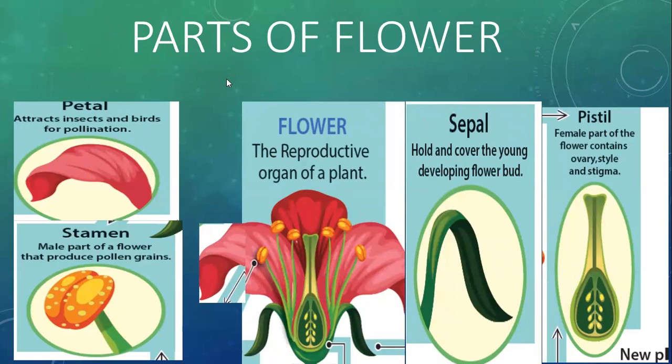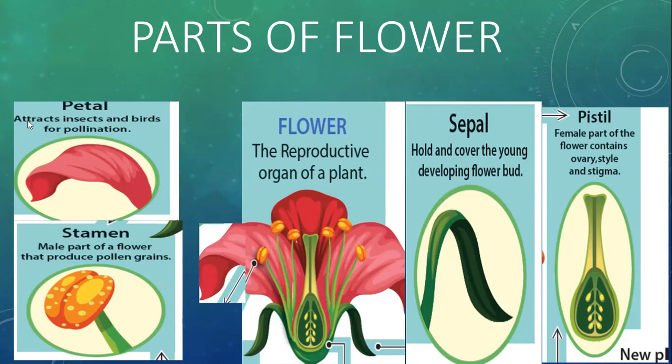See the parts of the flower, clearly given in the book. Calyx, that is the sepal. What is the role of the sepal in the flower? It holds and covers the young flower while the flower bud is developing. In the bud condition, it protects the flower.